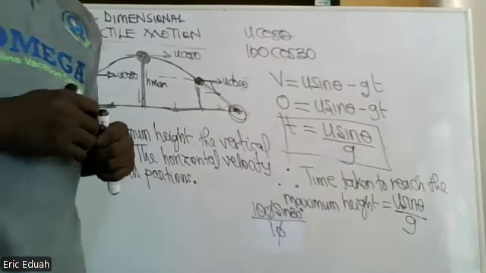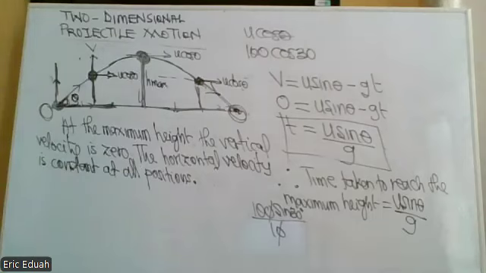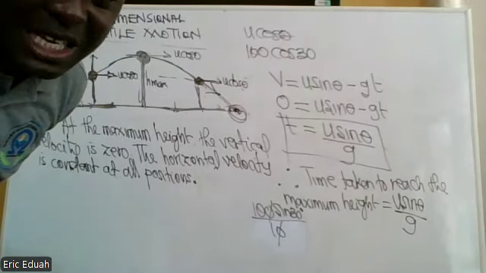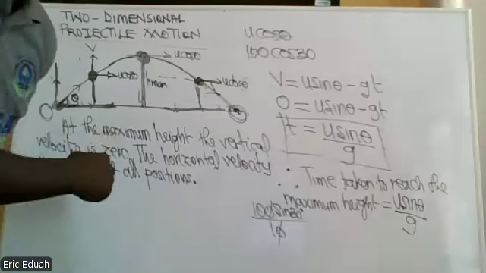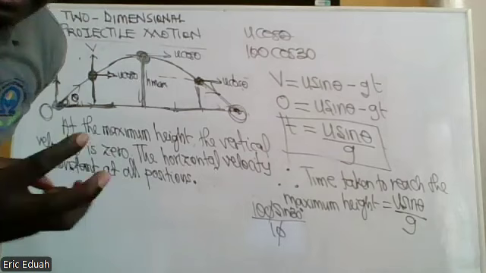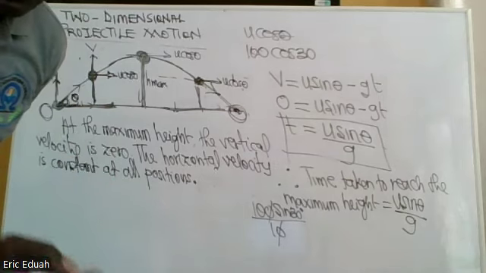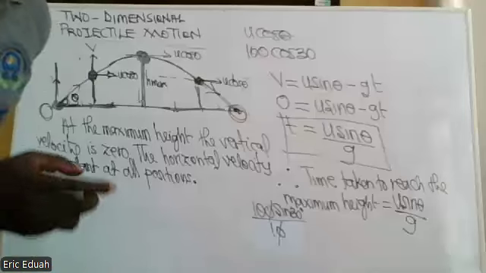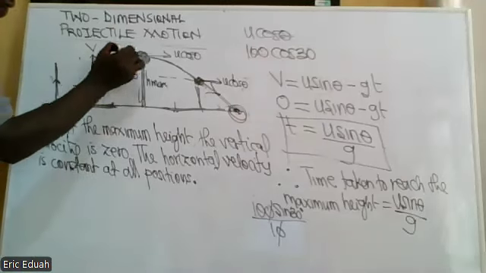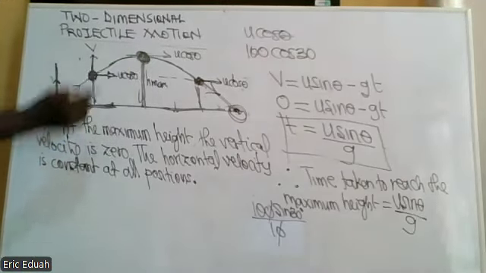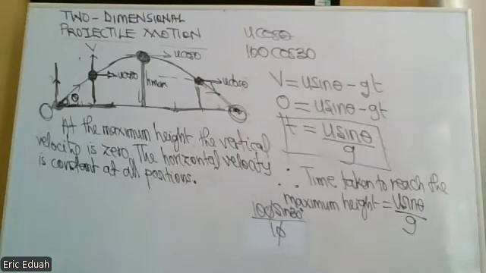So 10 times half would be 5. It means it will take the projectile 5 seconds to reach the maximum height. So at 1 second, it is not there yet. 2 seconds is not there yet. At 5 seconds, the body will reach this point, a point where the vertical velocity is 0.